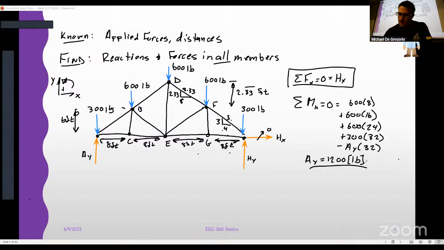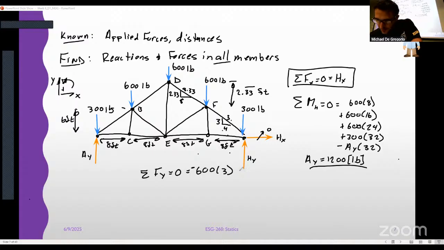Let's just do it. We'll sum the forces in the y. Sum of Fy is equal to 0 is equal to, I got 3 600s. These are negative. Minus 300 times 2, because there's 2 of them, plus AY plus HY.